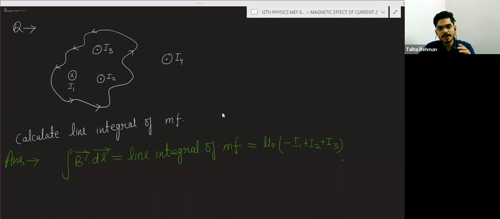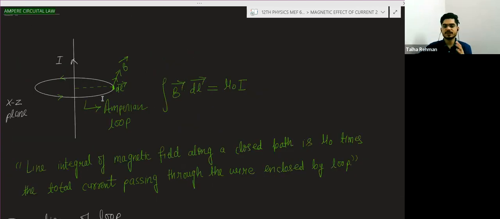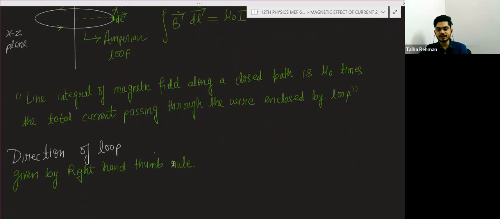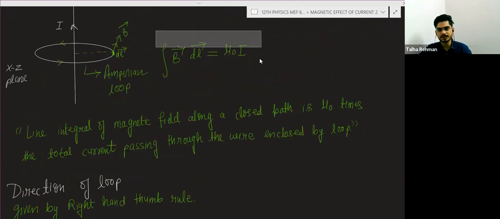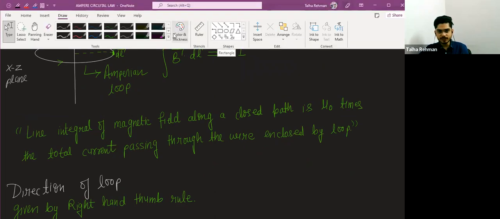So now this is the Ampere circuital law, and don't confuse in this. Ampere circuital law is the line integral of magnetic field. Magnetic field dot dl is the line, and this integration is known as the line integral of magnetic field.